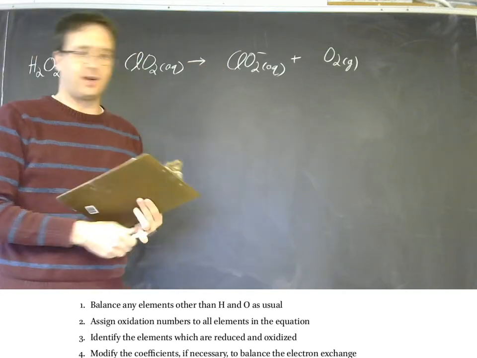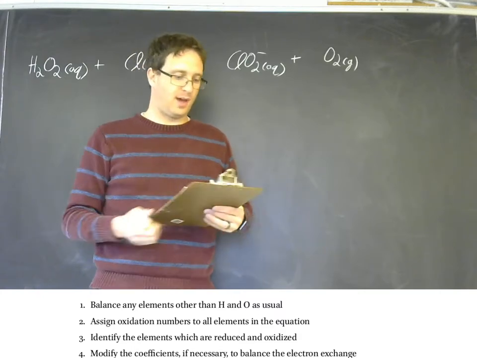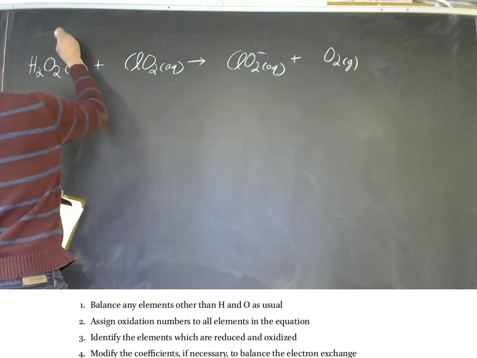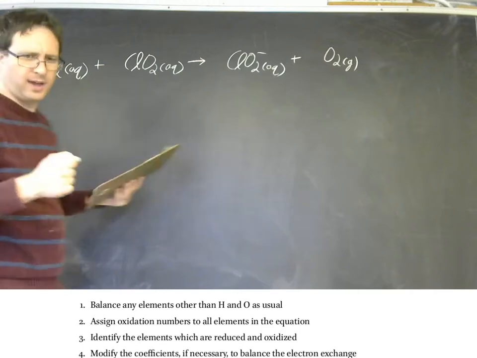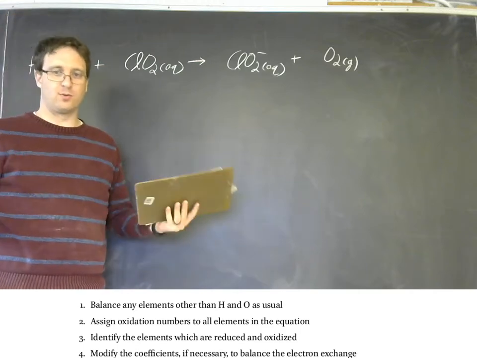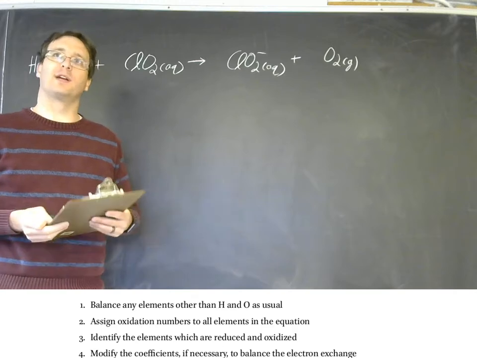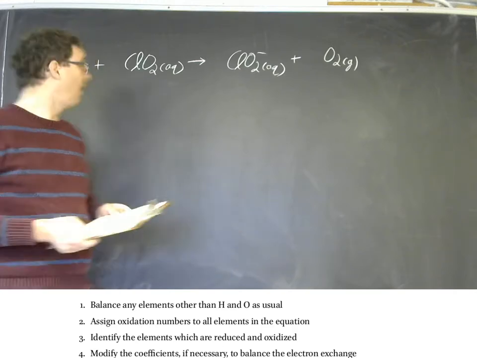Then we're going to assign oxidation numbers to any elements in the equation. The oxygen here in hydrogen peroxide is a bit of an exception to our normal rules. Oxygens normally take a 2- whenever they're in a chemical compound.